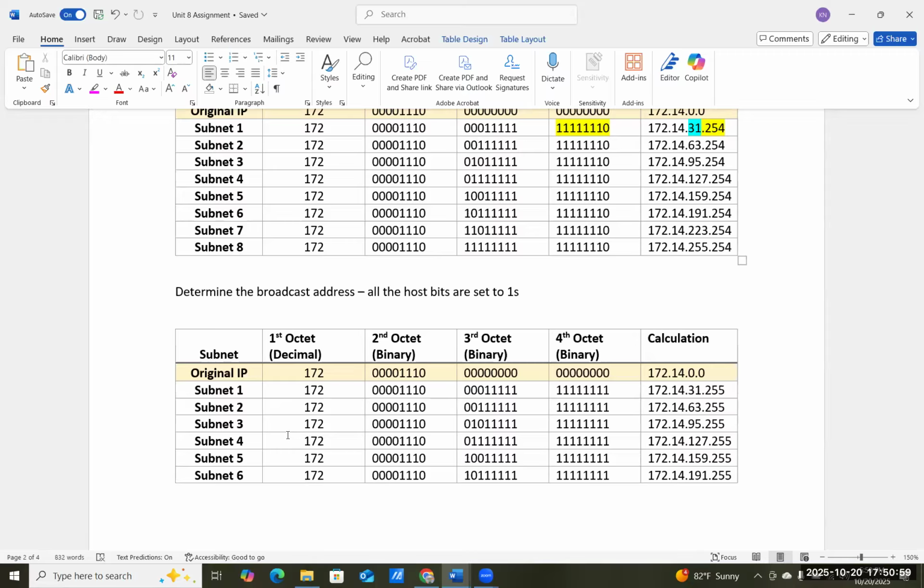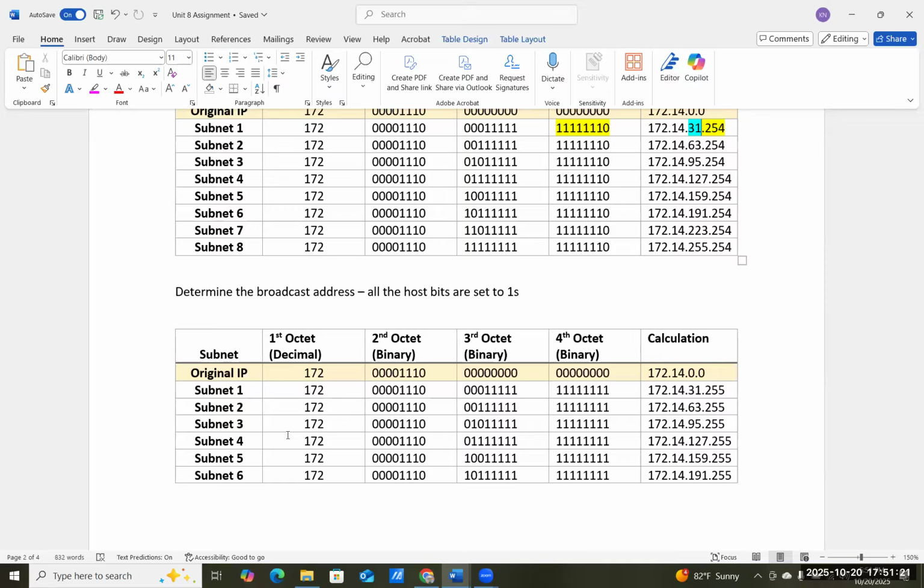So you look at that column in the previous table. For subnet 2, it's 31. So you just change the last octet of the last usable IP from 254 to 255, and you keep the third octet from the last usable IP.